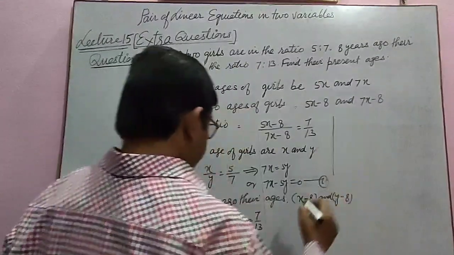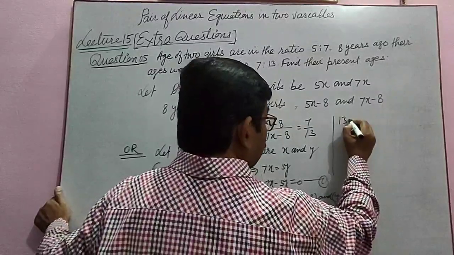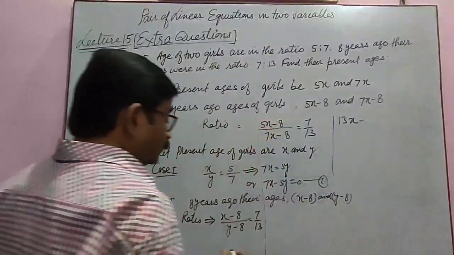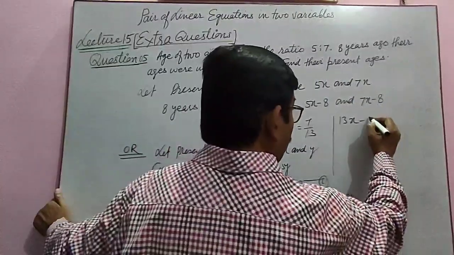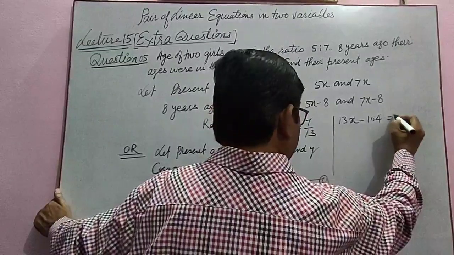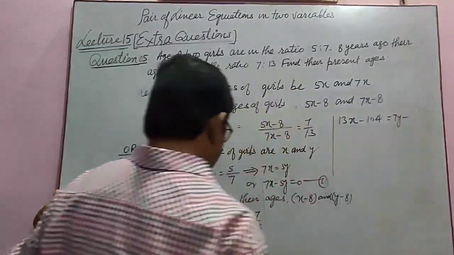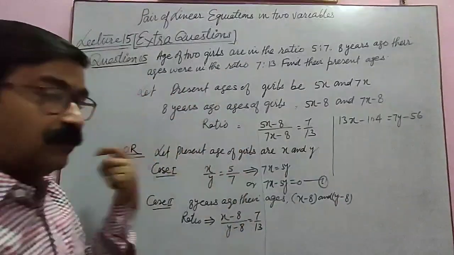I am doing here 13x minus 13 times 8, which is 104, is equal to 7y minus 56. 7 times 8 is 56. Bring x and y together.